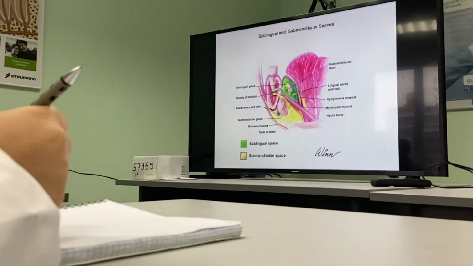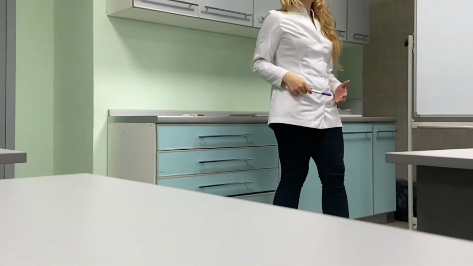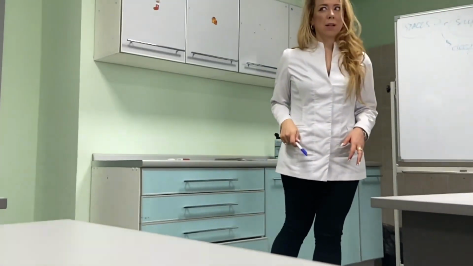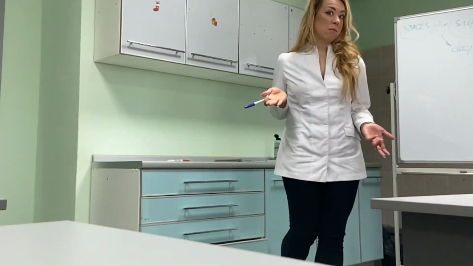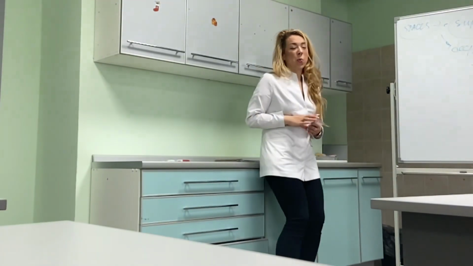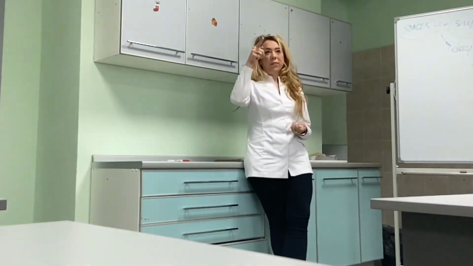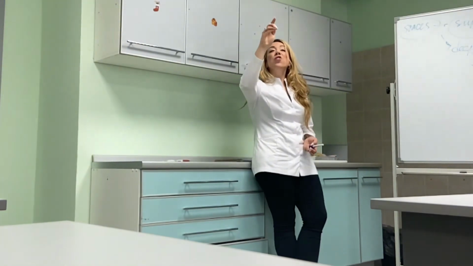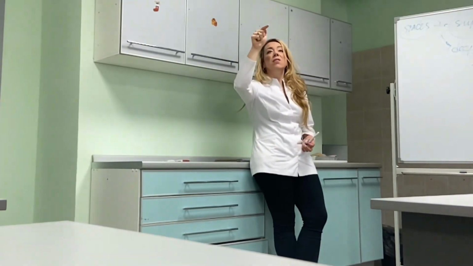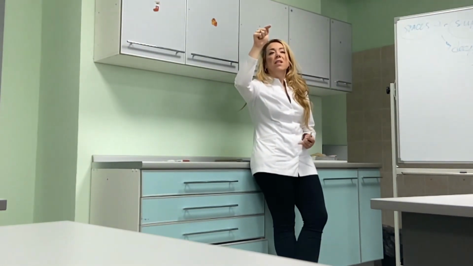What do you think? If we have acute sialadenitis, will it be the same symptoms? No. Why no? It will be the same. But which function was suffering? Secretion. Secretion of the saliva.